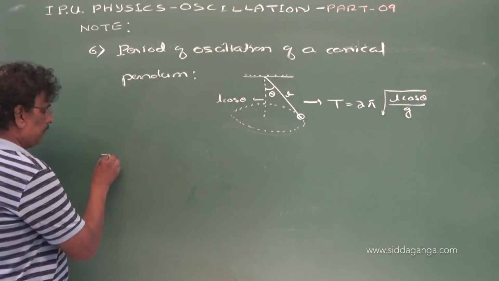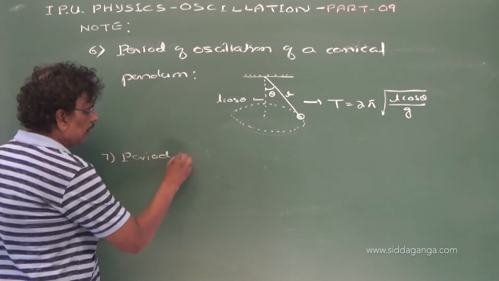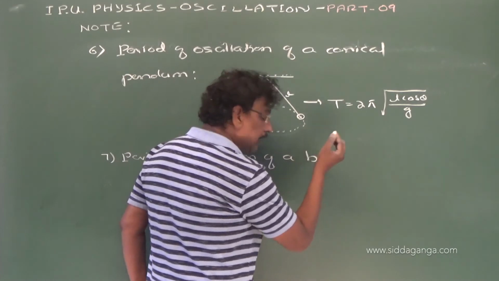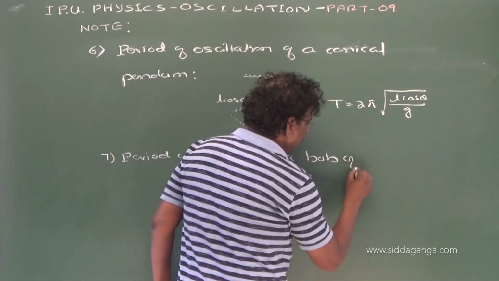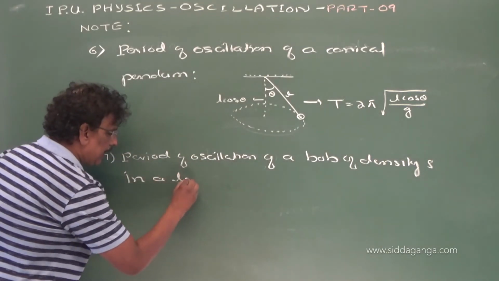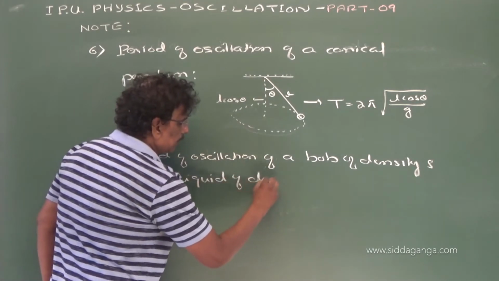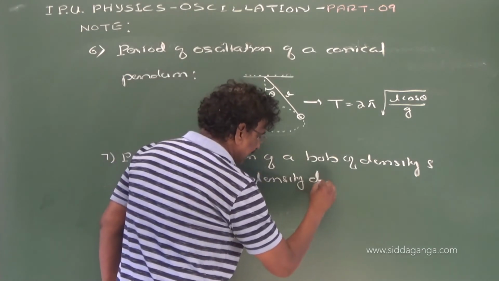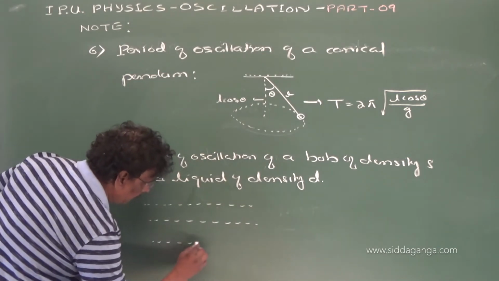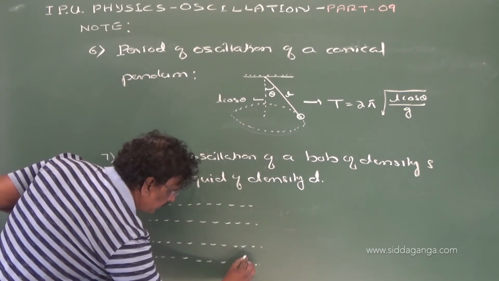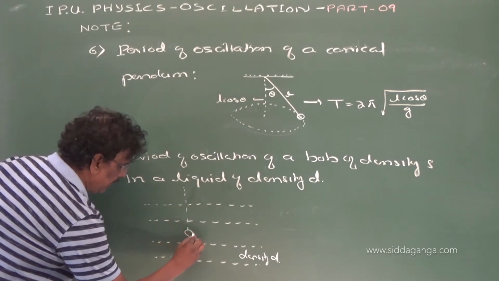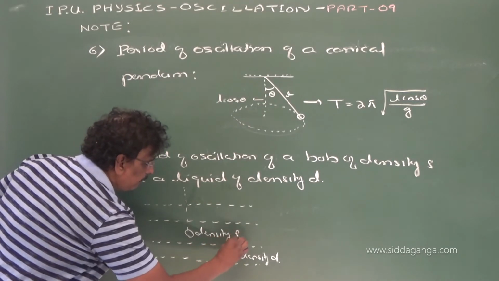And another one we are having. Now the period of oscillation of a bob of a simple pendulum, of density rho, in a liquid of density D. Suppose this is the density of the liquid D. Now we have a simple pendulum bob of density rho.